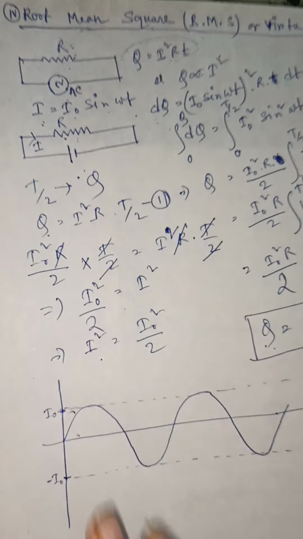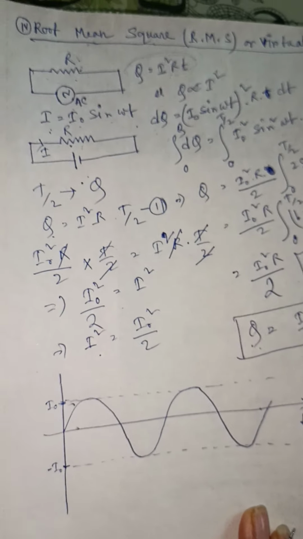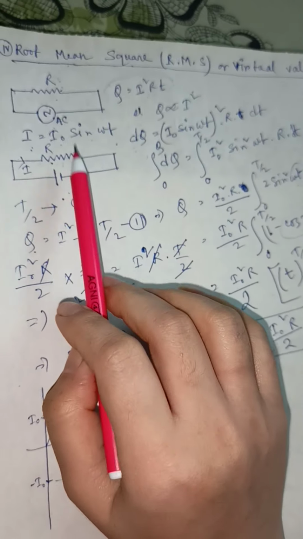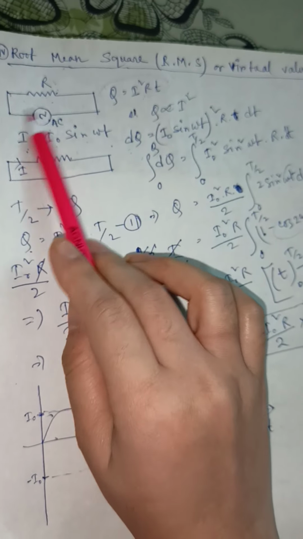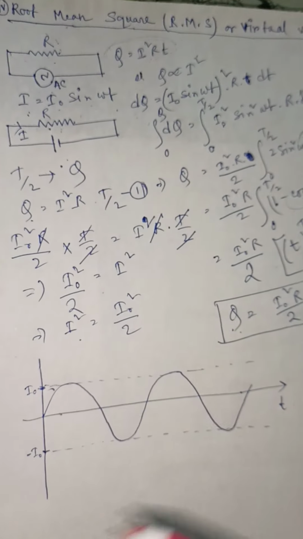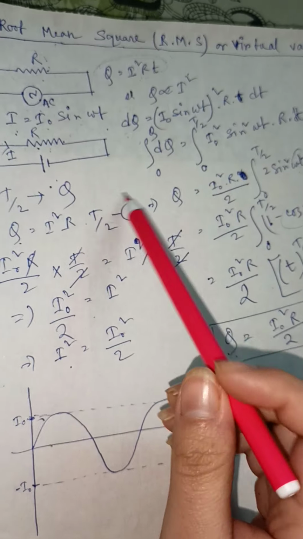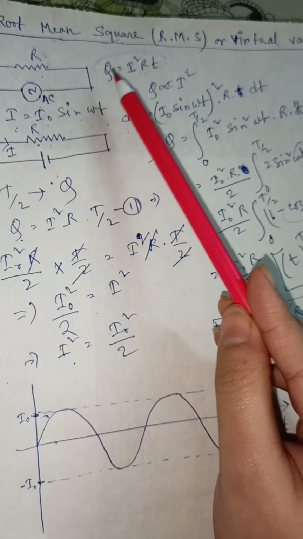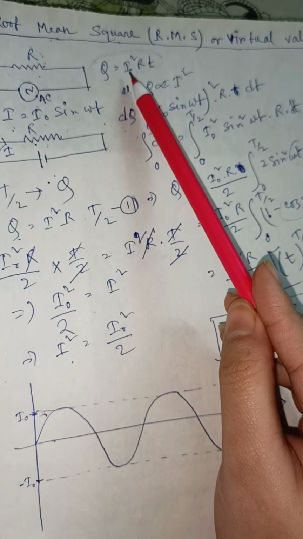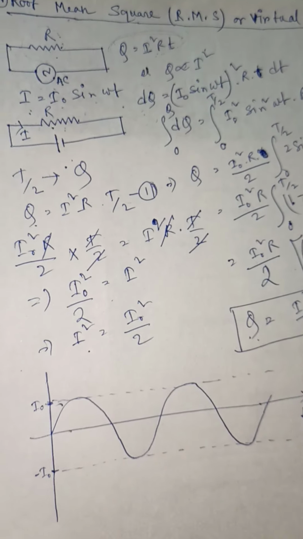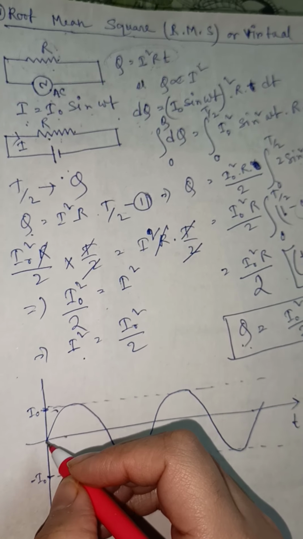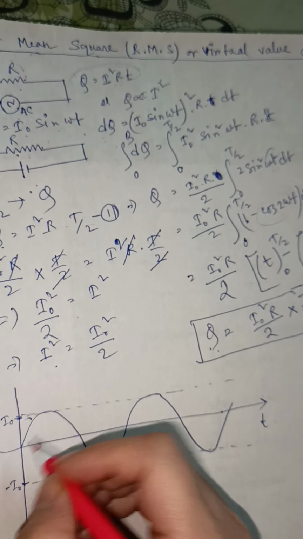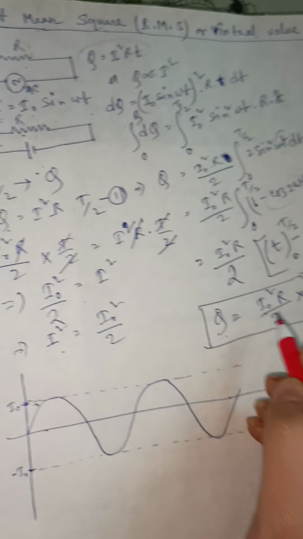this sinusoidal wave. That means this is the current function of this AC source. So first, what is Q? Just look here, Q is directly proportional to I square. So for this, Q is directly proportional to I naught square.